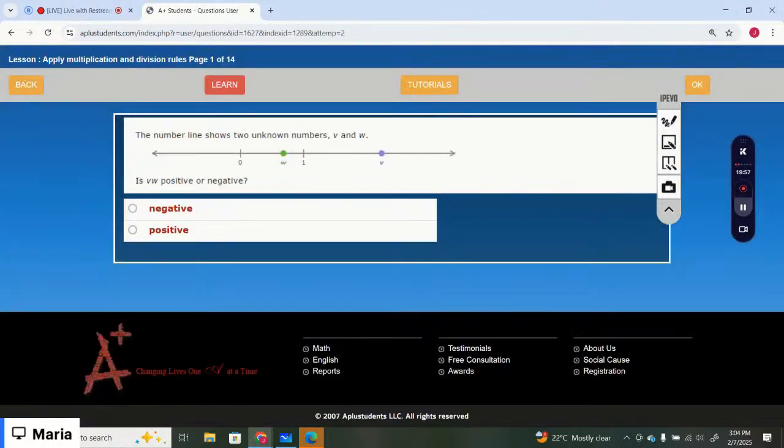Let's just start with the test questions. The number line shows two unknown numbers V and W. Is VW positive or negative? V and W, they both are on the right hand side of the zero. That means they are positive numbers.